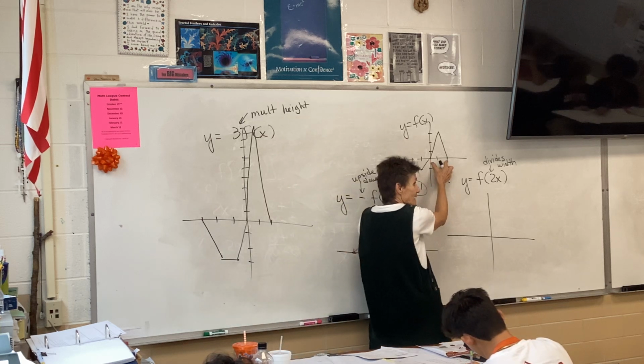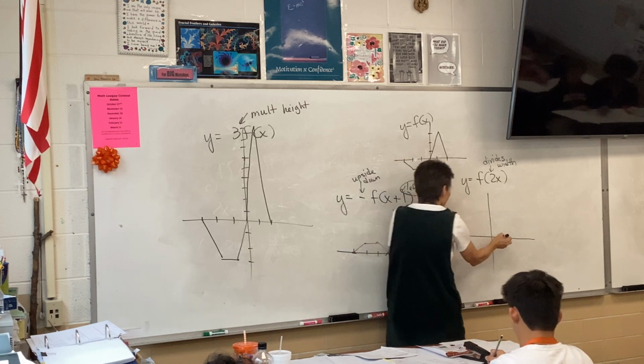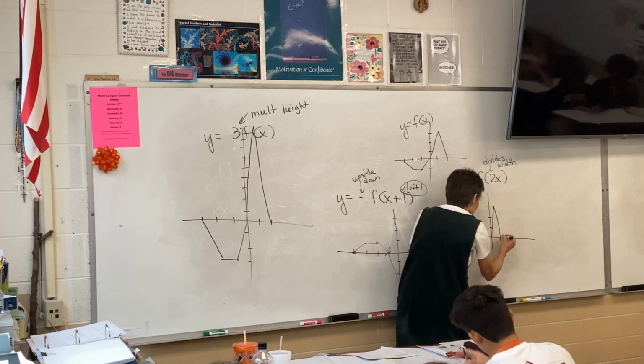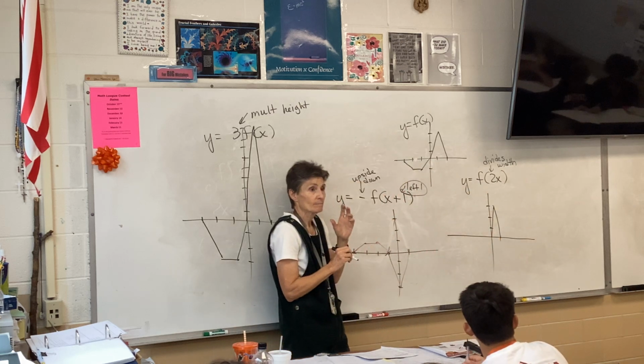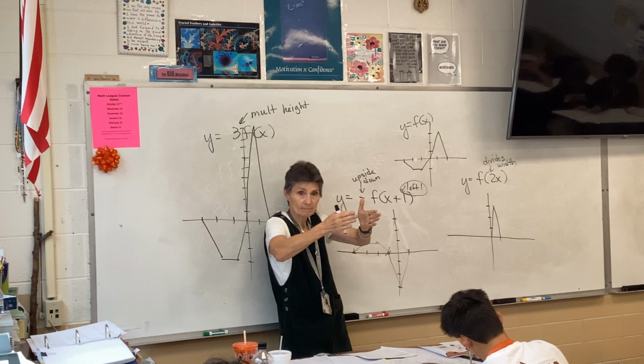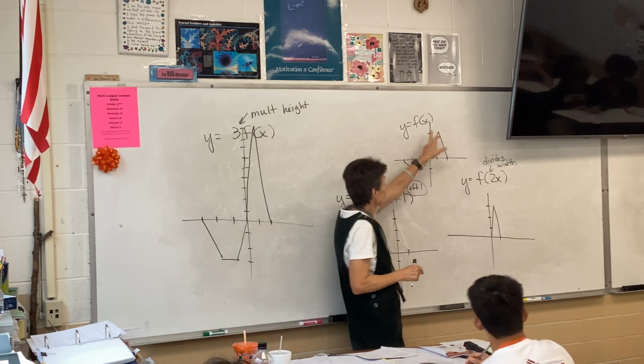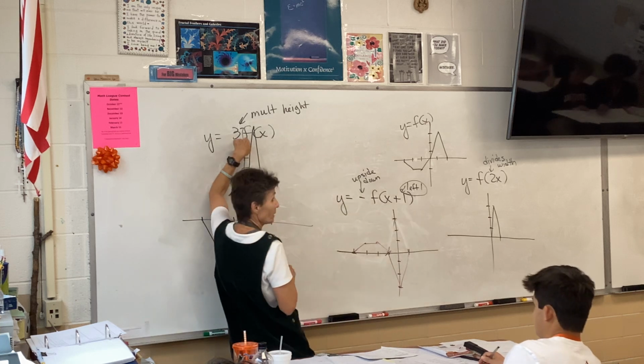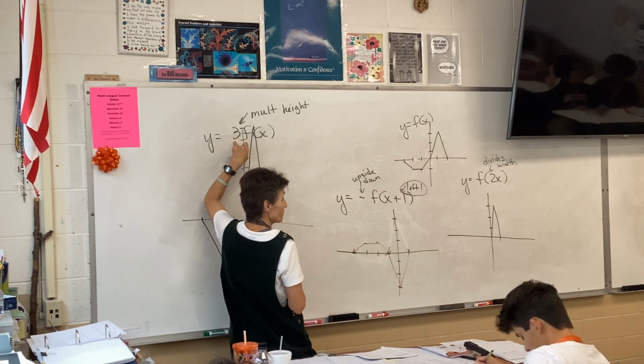How wide is the original triangle? 2. Now it is only going to be 1. We're squishing it. That number divides the width. This number multiplies the height.